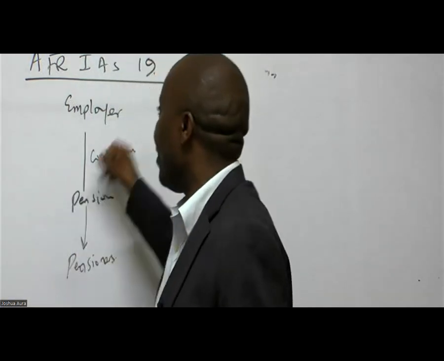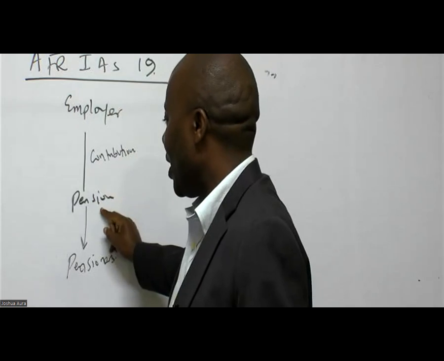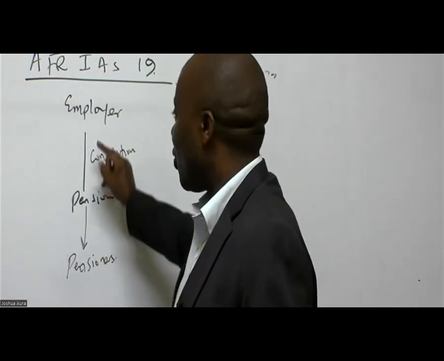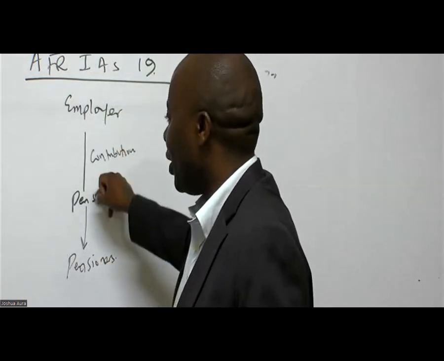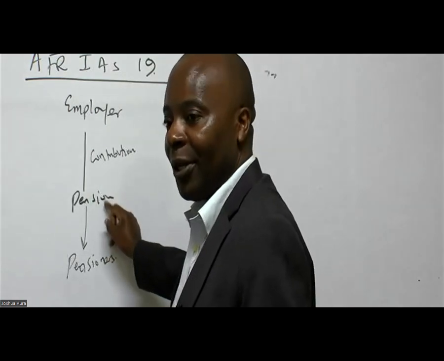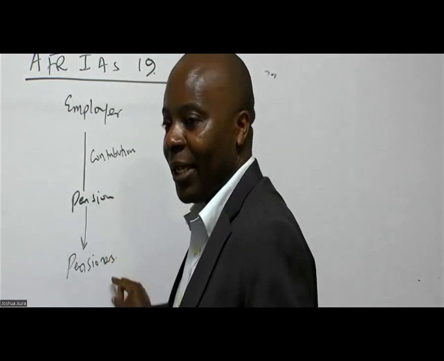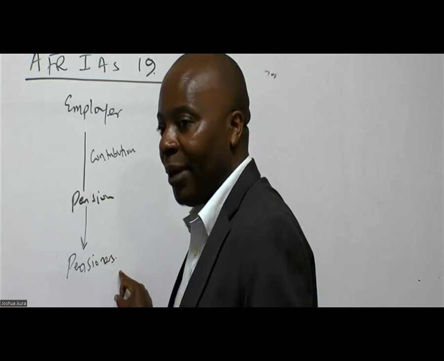So it's very important to understand that this is a tripartite arrangement. We have three parties involved: the employer, the pension plan, and the pensioners. The role of the employer is to contribute to the pension plan, and the pension plan will be making disbursements to the pensioners.